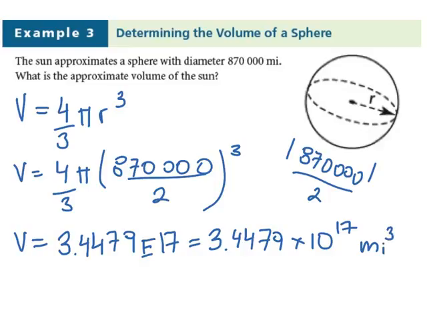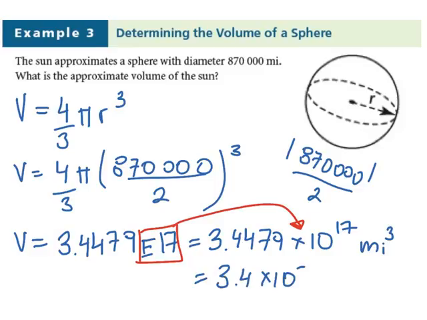This E17 tells you that it is 10 to the 17 in scientific notation. So we're going to approximate it as 3.4 times 10 to the 17 miles cubed as our answer.